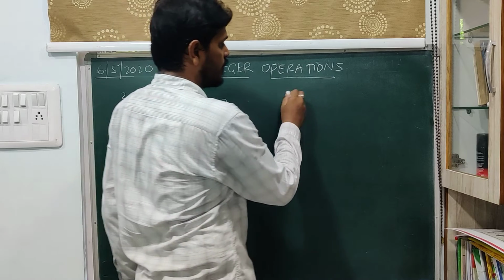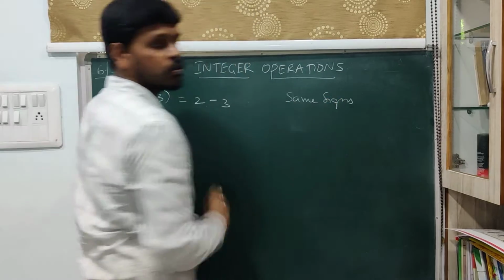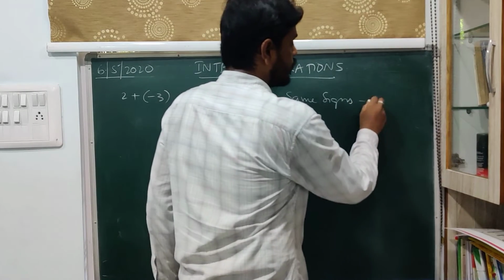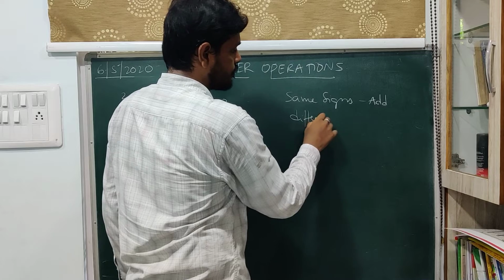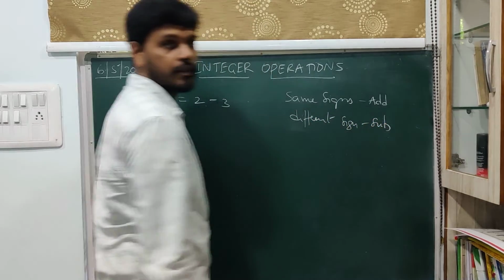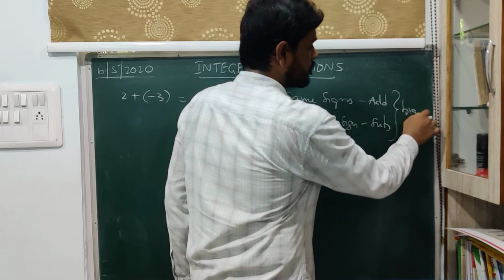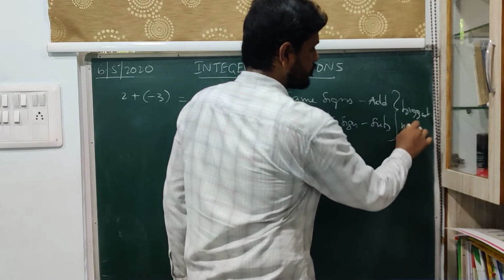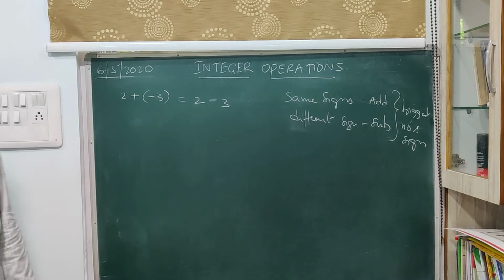If you have numbers of same sign, you will add. Numbers of different signs, you will subtract. Now in both the cases, you will keep the biggest number sign. Now this is the rule which I will apply throughout these additions and subtractions.